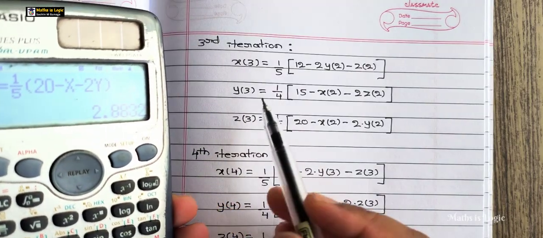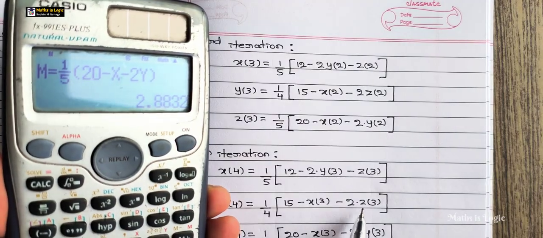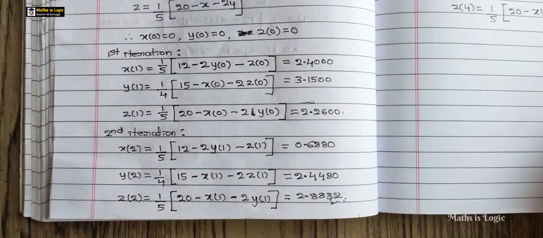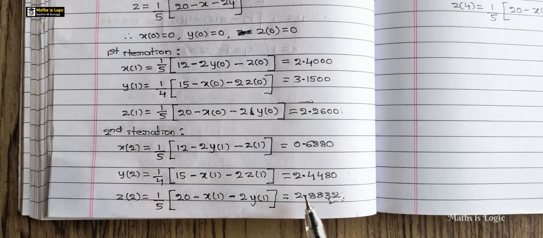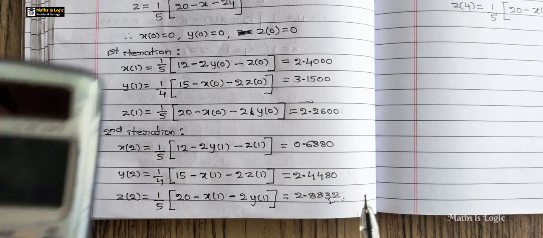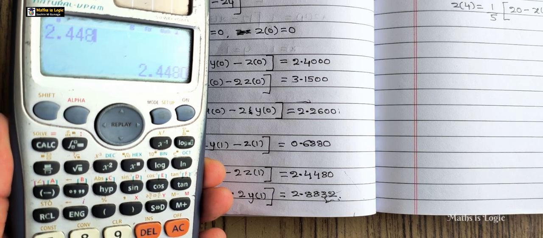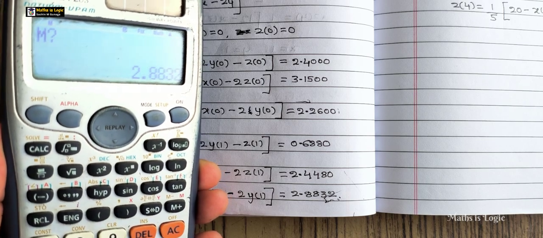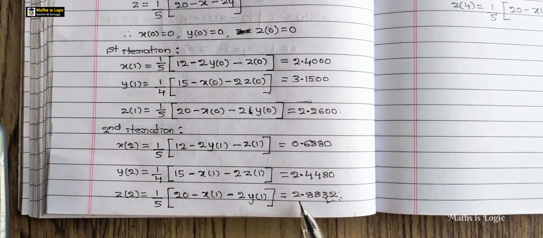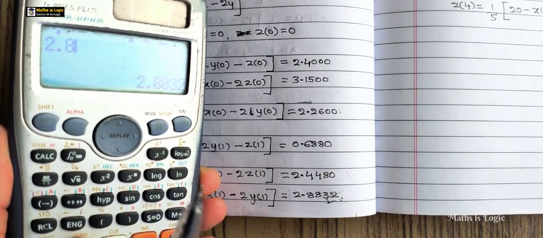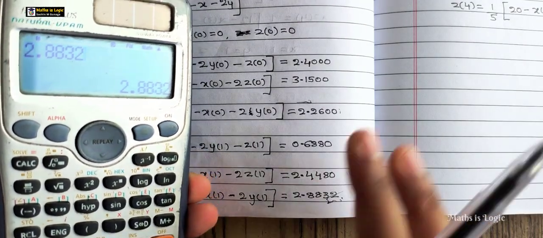Next for the third iteration, again press equals, and it will ask you the y value. So now y of 2 is 2.4480, so type 2.4480, then equals, the z value is 2.8832, correct.